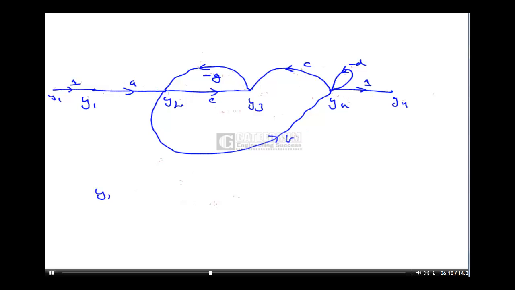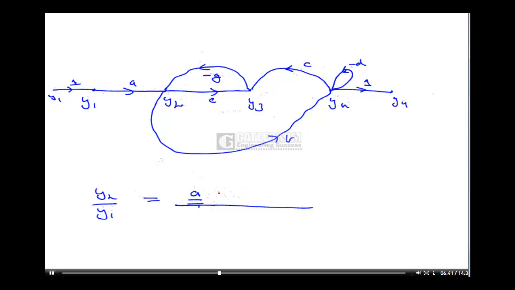Now to find y2 by y1, y2 by y1 is equal to A upon delta.